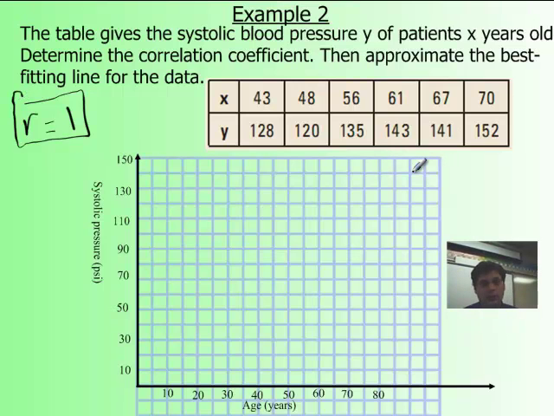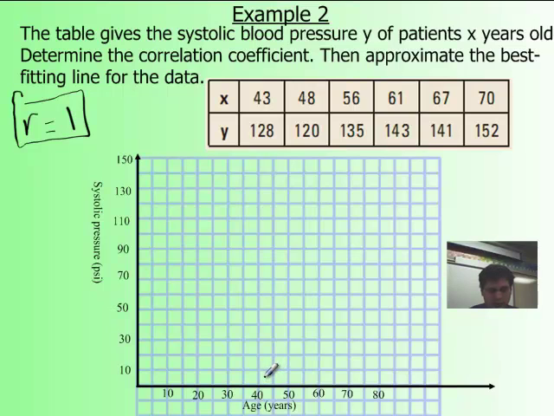Now let's come up with a line of best fit by hand. So we'll start plotting these points, and let's see, we have x is 43 and y is 128. So we're going to go to 43. I've set up my table to count on the x counting by 5s, and on the y it's counting by 10s.